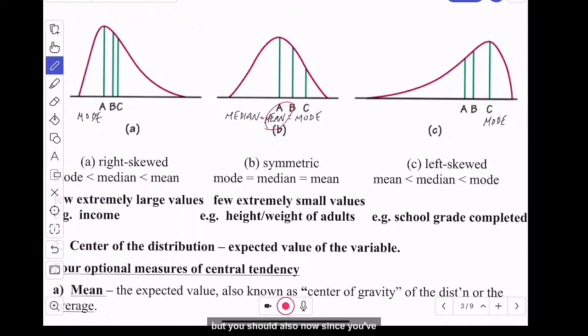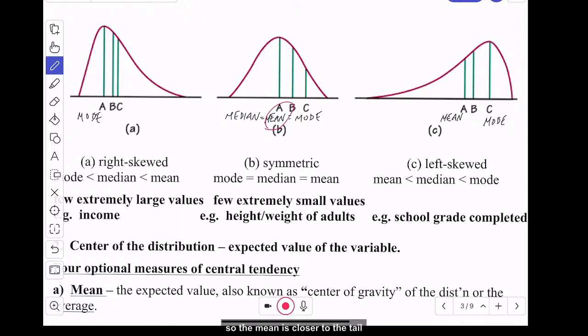But you should also now, since you've taken statistics, most of you, and now you're doing this class, also be able to see the mean and the median. The mean will be the measure that's closer to the tail. It will be pulled towards the tail because every single value goes into calculating the mean, and that pulls the mean towards it, away from the greater majority of the data.